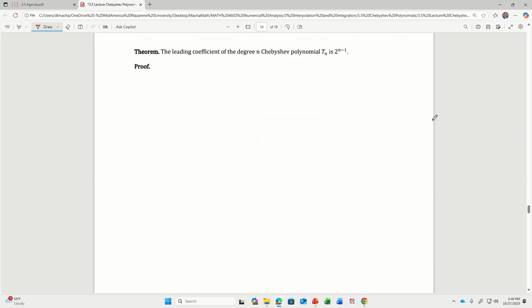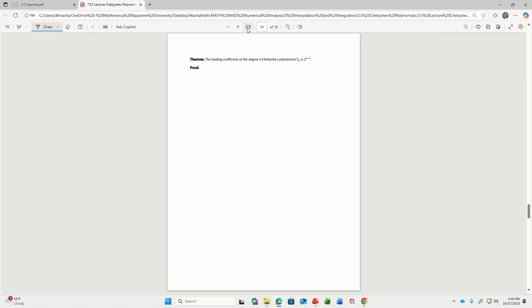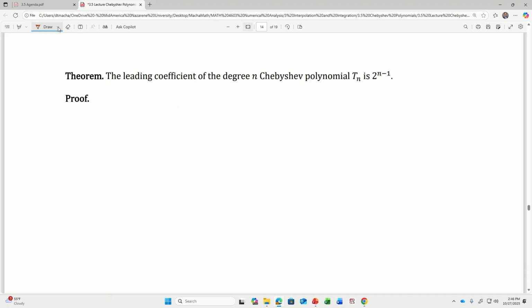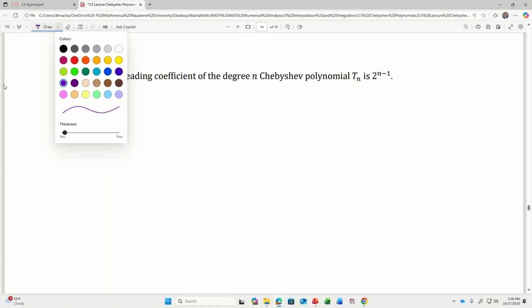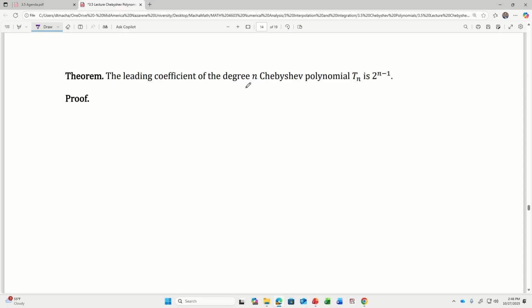So we've got a few more minutes left. The next thing I want to explain to you, or kind of convince you of, is that the leading coefficient of the degree n Chebyshev polynomial is 2 to the power n minus 1. So if the degree of my polynomial is n, the leading coefficient is 2 to the power n minus 1.